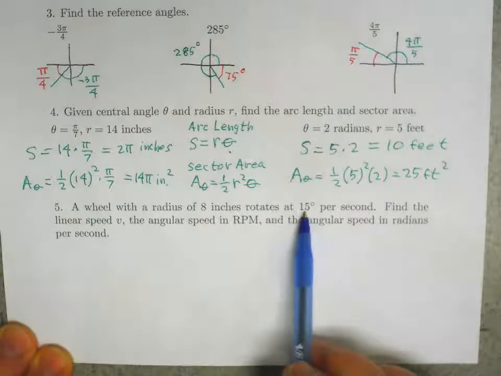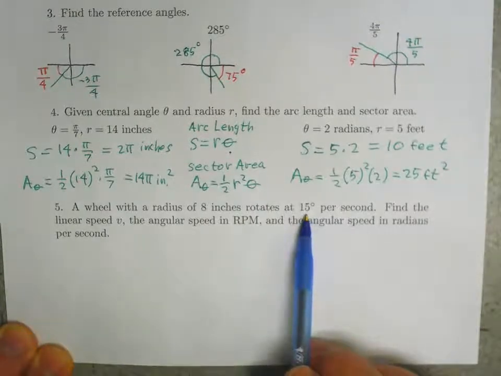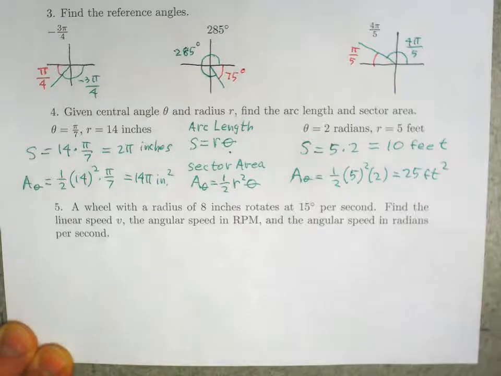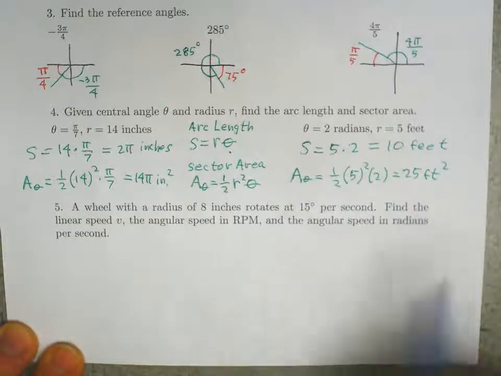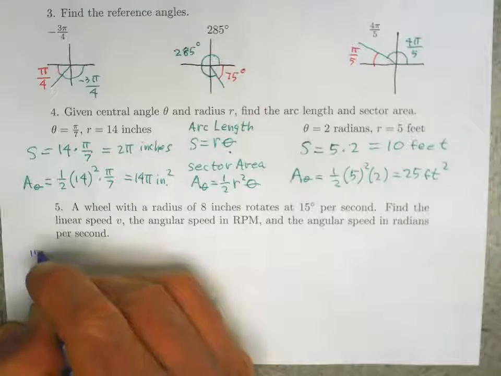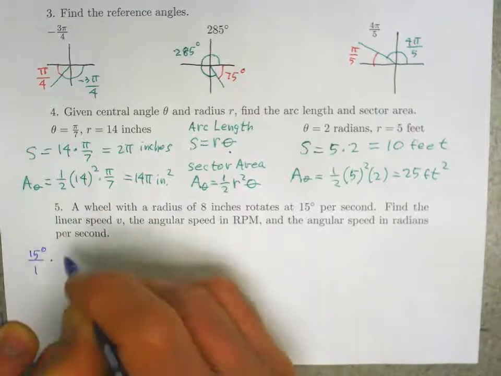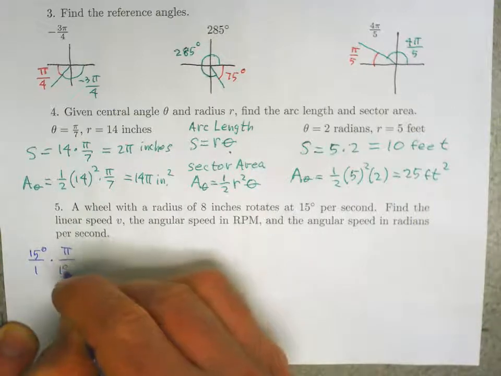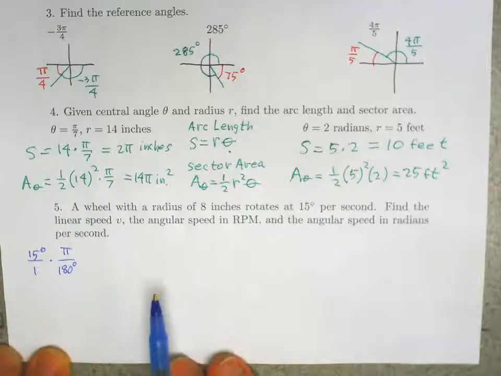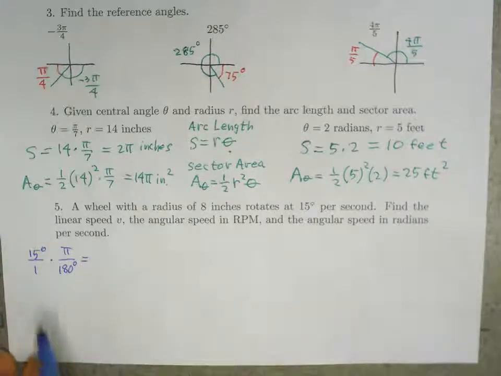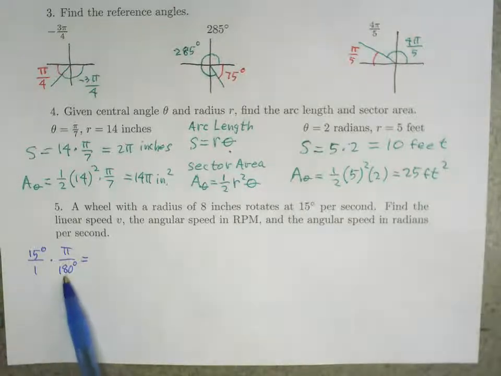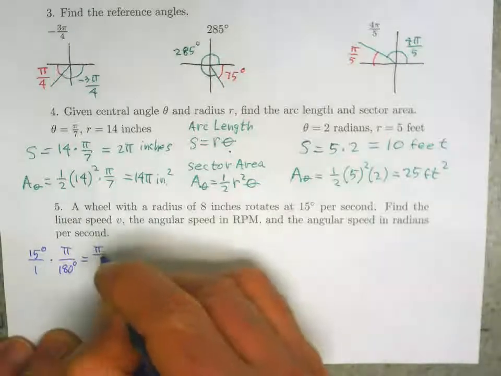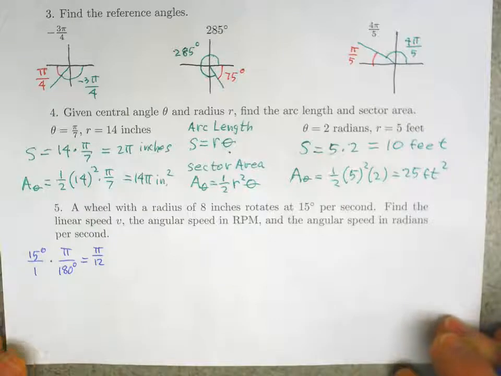If we convert from degrees to radians, then we'll know what the angular speed is in radians per second. So convert 15 degrees to radians: multiply 15 degrees by pi over 180 degrees. 15 goes into 180 12 times, so this simplifies to pi over 12 radians.